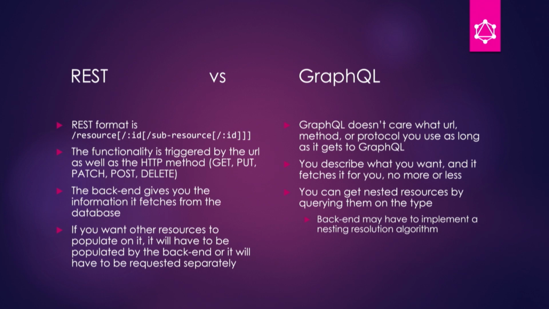On GraphQL's end, it doesn't care what URL or method or even protocol you use, as long as it goes through the GraphQL engine. You can describe what you want, and it fetches it for you, no more or less. You can get nested resources by querying them on the type, but you do have to be mindful.